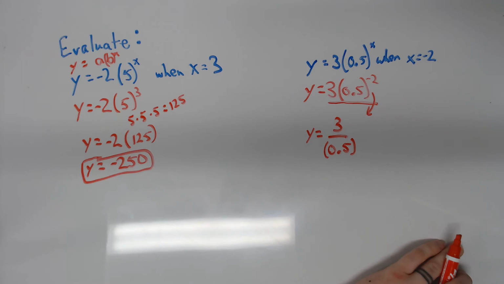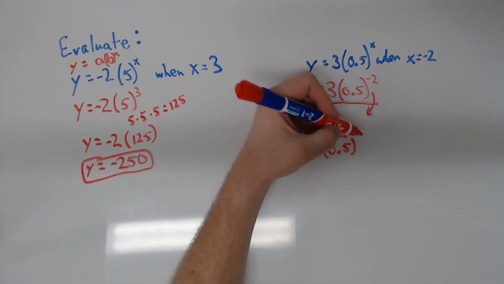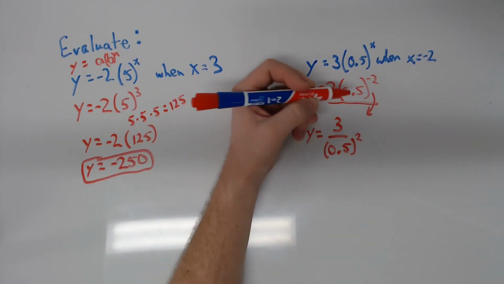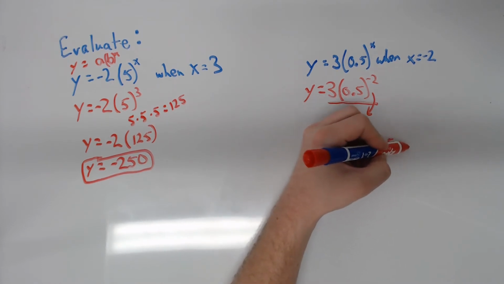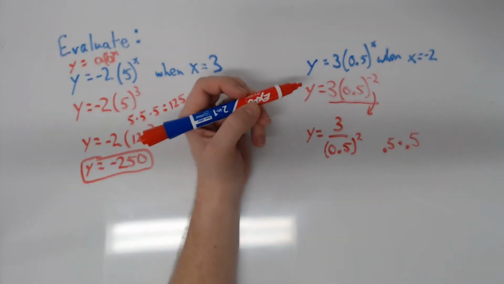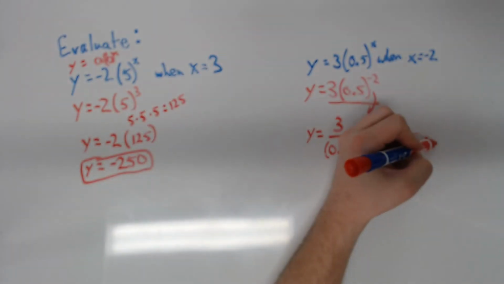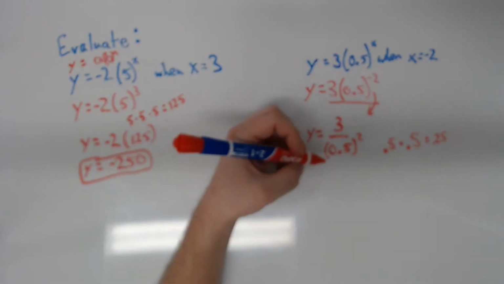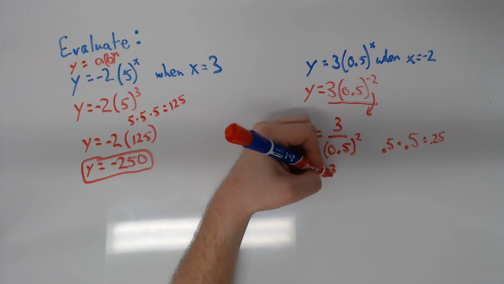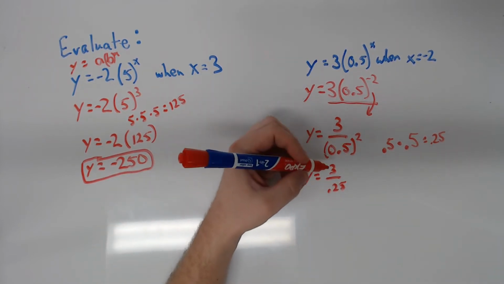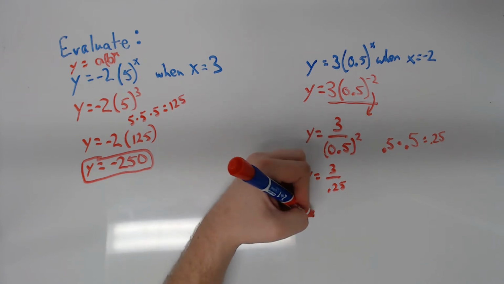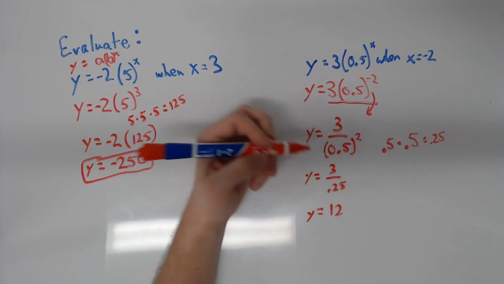This is just a nice little refresher for us. So now it's to the positive 2, and I know how to do that. That's just multiply by 0.5 twice. So that's 0.25, or 1/4. 3 over 0.25, that's going to come out to 12.